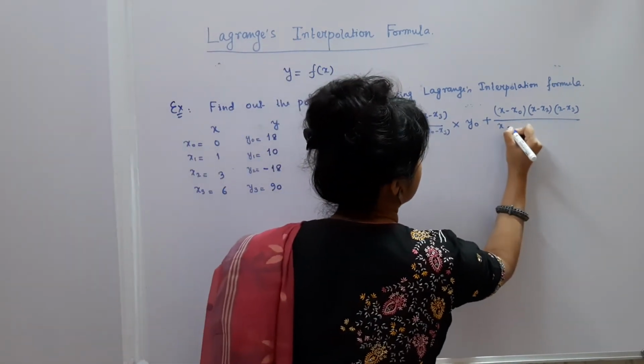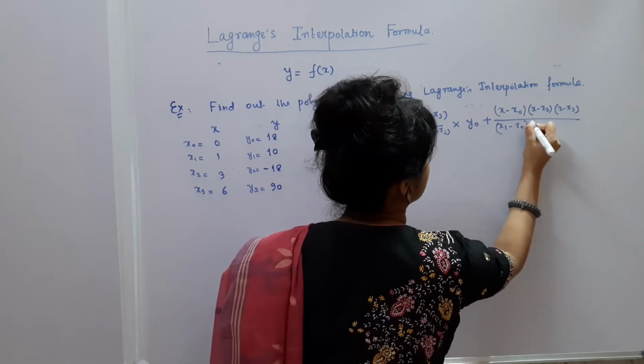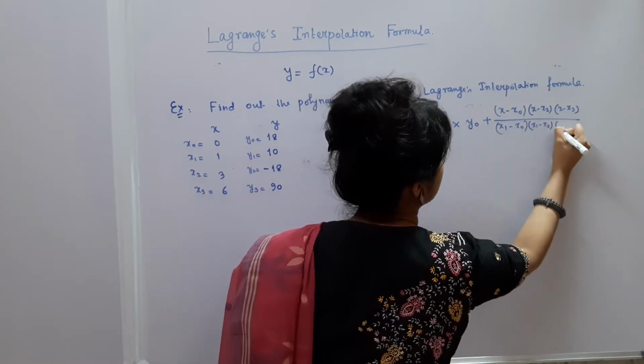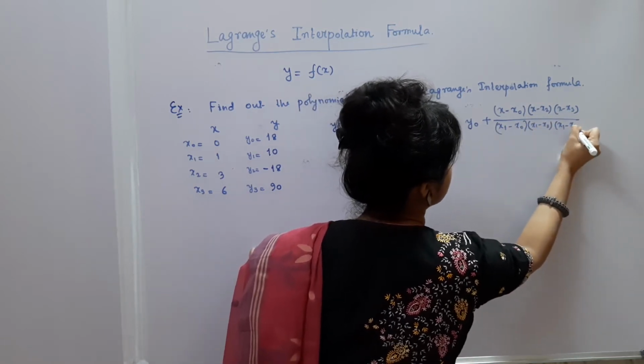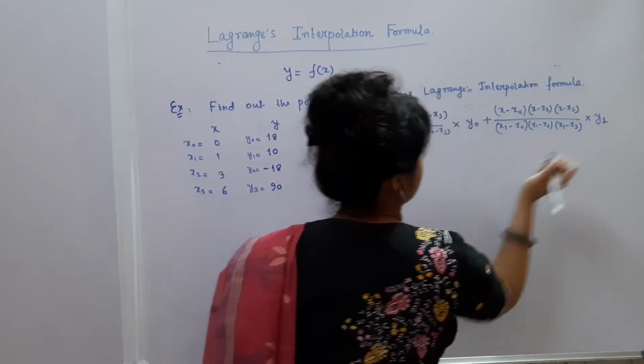And here x1 minus x0, x1 minus x2, all the terms will be subtracted from x1, into y1.